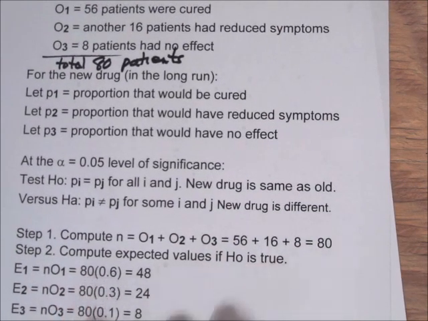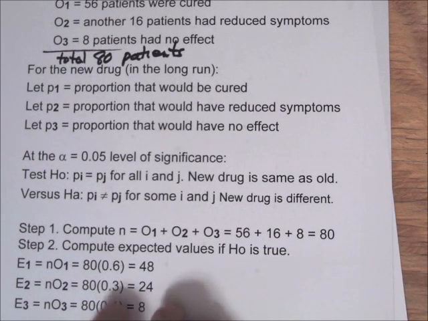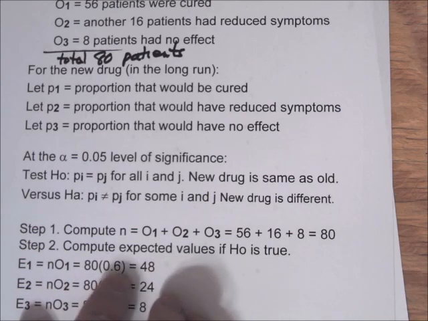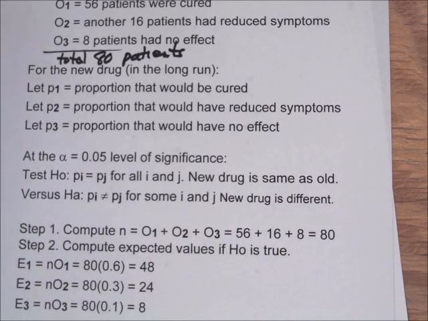The expected values, if H0 is true, will be n times PO1 for E1, the first expected value: 80 times 0.6 is 48. E2, n times PO2, 80 times 0.3 is 24.